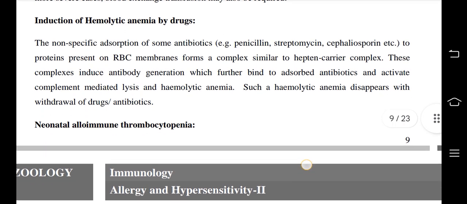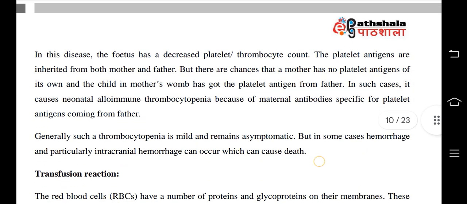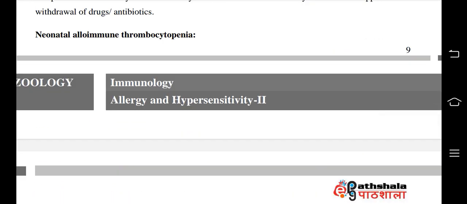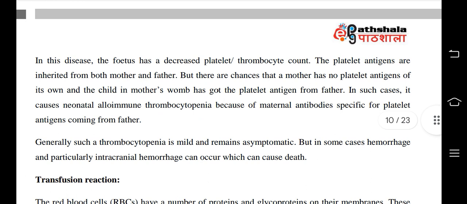Then neonatal alloimmune thrombocytopenia. In this disease, the fetus has decreased platelet or thrombocyte count. The platelet antigens are inherited from both the mother and father, but there are chances that a mother has no platelet antigen of her own and the child in the mother's womb has got the platelet antigen from the father.